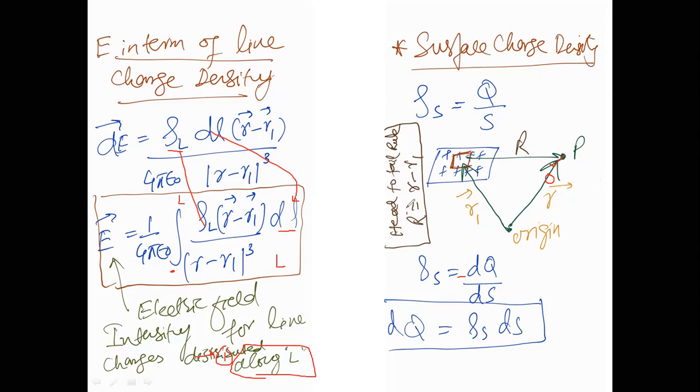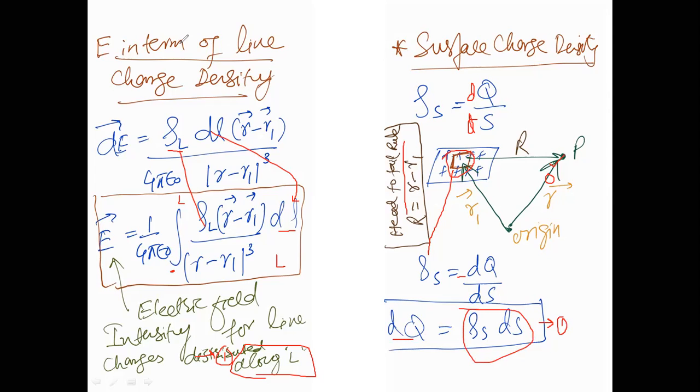Again we apply the head to tail rule, and r is equal to r minus r1. Taking a small fraction of the surface, rho s is equal to dq over ds. So dq is equal to rho s ds, and keep this as equation number one, we will replace this dq later on.